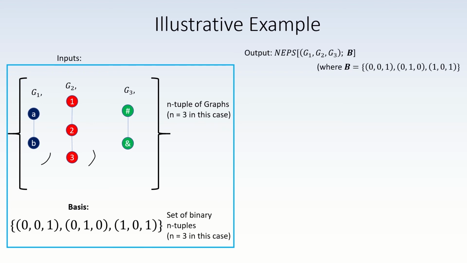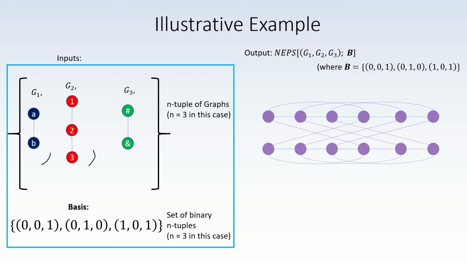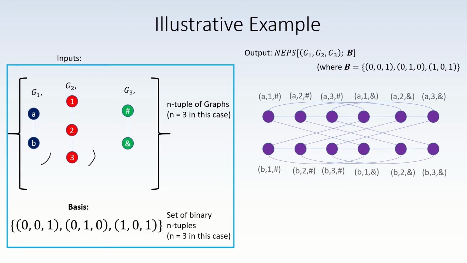The output produced by the NEPS of some ordered list of graphs with some basis B is an undirected graph with vertex set equal to the Cartesian product of the vertex sets of its input graphs in the order they were given.